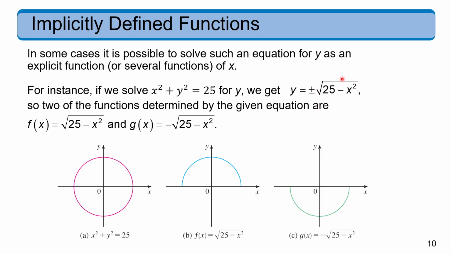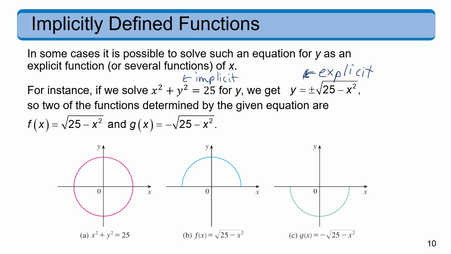The right side looks like this. Notice you'd have to put plus or minus because you took the square root of both sides. And the left side at that point would just be y. So now it's in explicit form. Here it was given to us in implicit form, and we were able to rewrite it in explicit form.